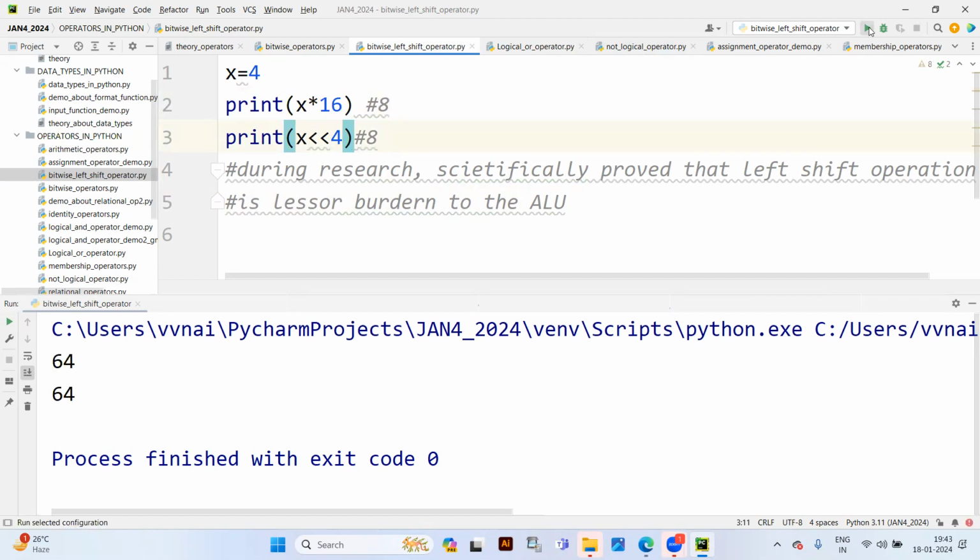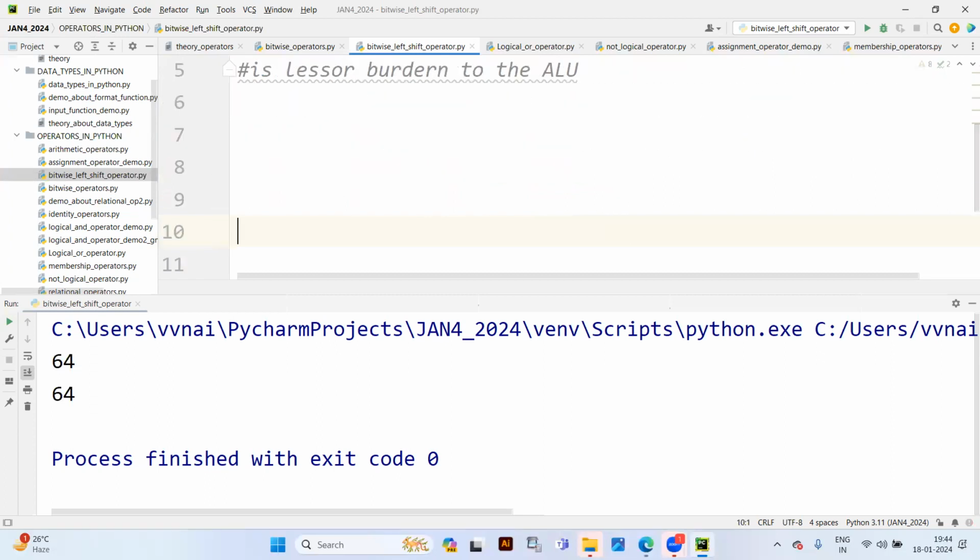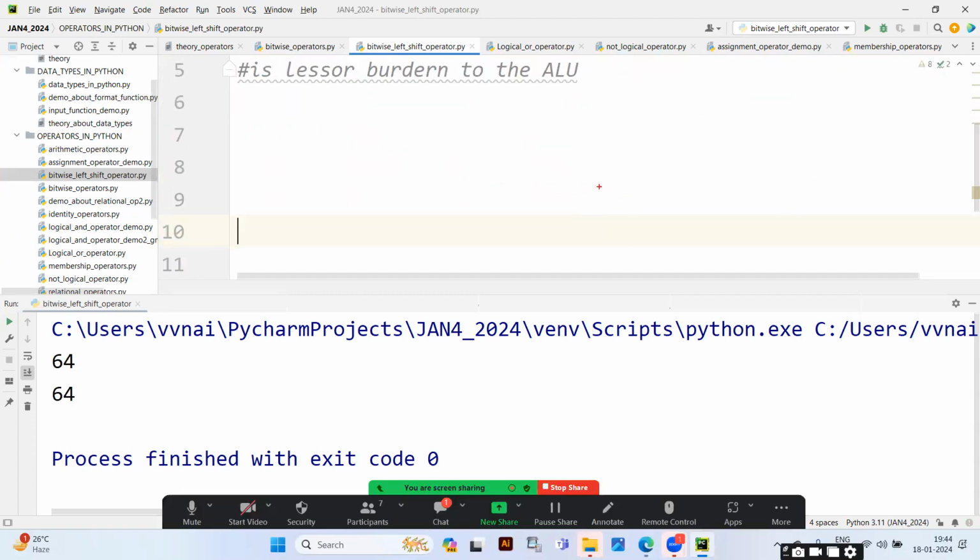Are you clear, guys? So how did you get this output? There is a point. Here our actual value is 4. 4 means 1 0 0. 1 0 0 means 4 2 1, the weightage of these positions is 4 2 1.